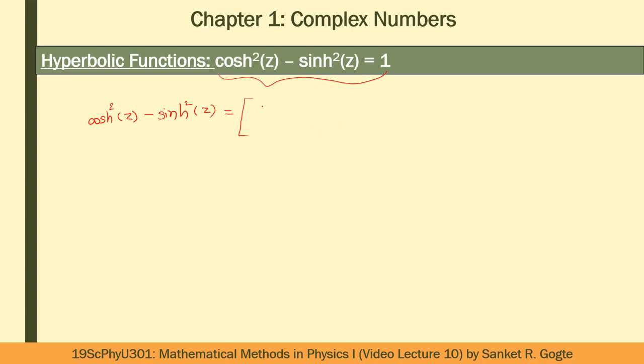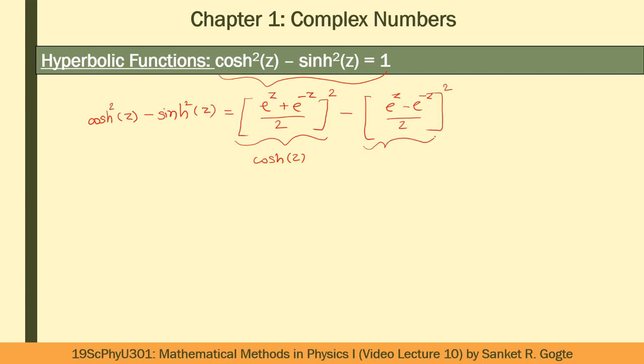So it is going to be e to the power z plus e to the power minus z divided by 2, and this is squared, so this is nothing but cos z, minus e to the power z minus e to the power minus z divided by 2, and that is squared, so this is sine z.